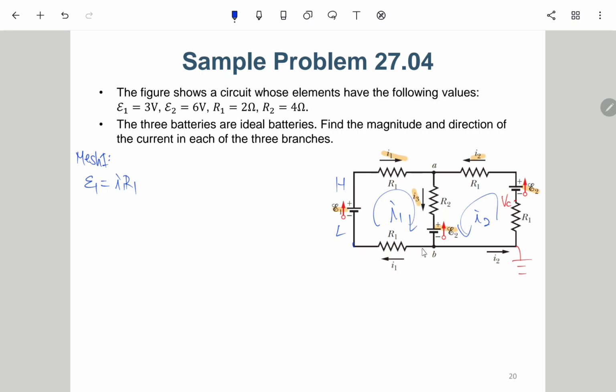Actually the mesh is going in this direction. Going through this R2, this is positive, I2 is also positive. So we have I1 plus I2 times R2. And then this is high, this is low, so here we have a plus E2.